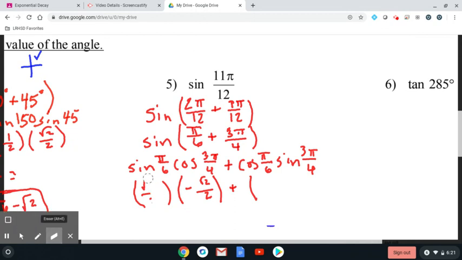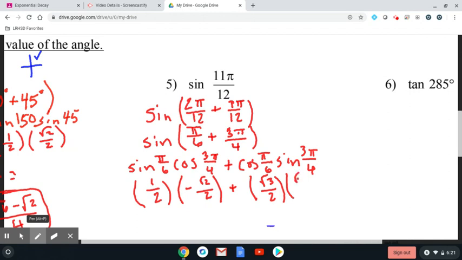This sine of pi over 6, I'm sorry. This should be 1/2, and it should be positive. I apologize. All right, cosine of pi over 6 is where root 3 over 2 is. And then sine of 3 pi over 4 ends up giving us a positive root 2 over 2.